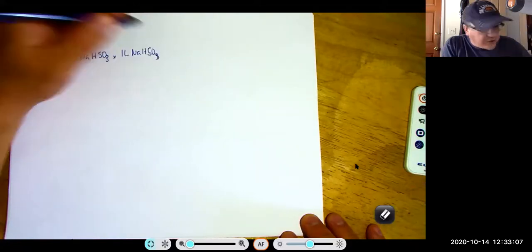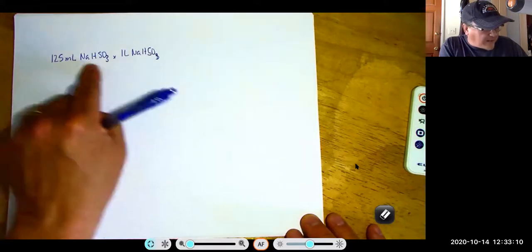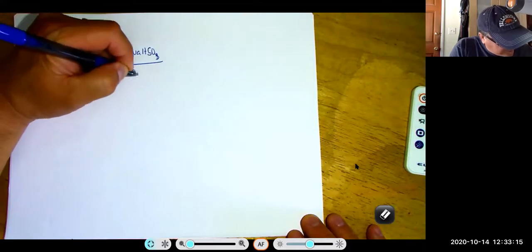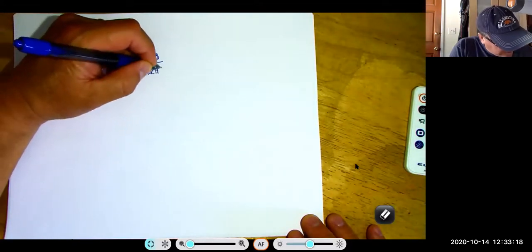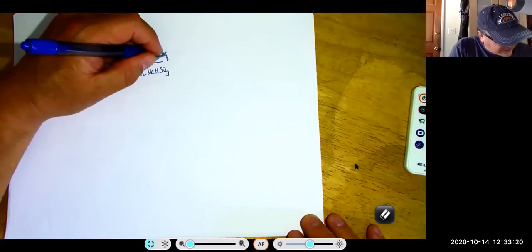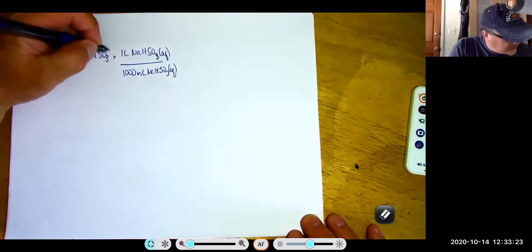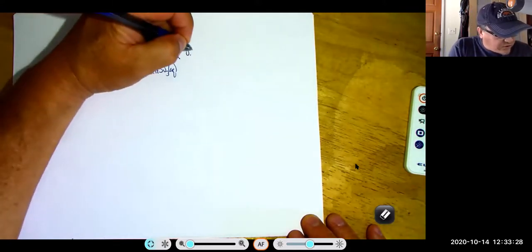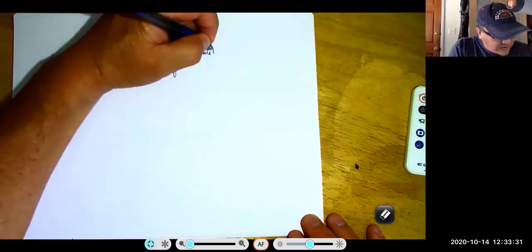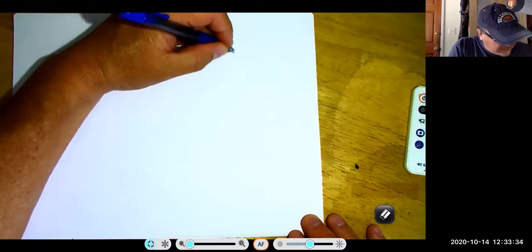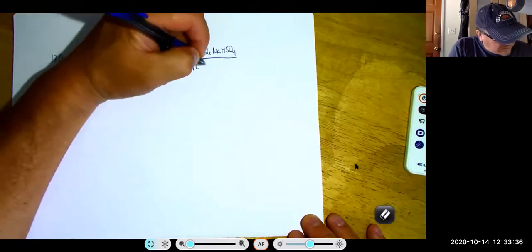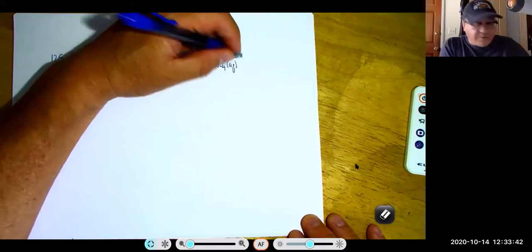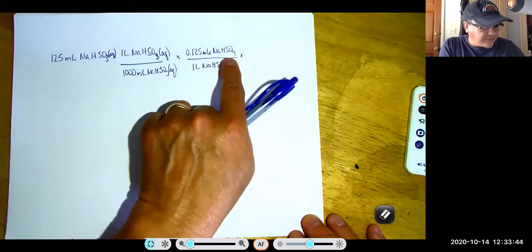Normally I write the word solution here, but here I'm going to write the formula of the dissolved material, and maybe I'll put aqueous here so that we know it's a solution. And then we're going to multiply by 0.125 moles. Now here, I'm not going to write aqueous. I'm just going to leave it as the formula.